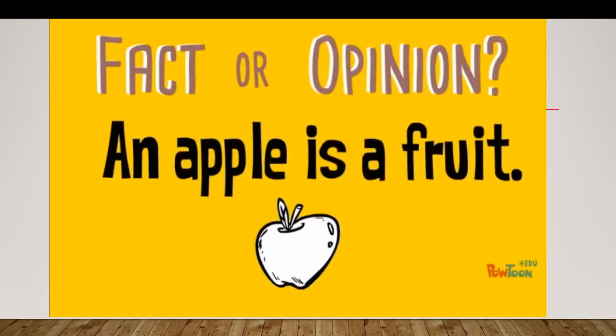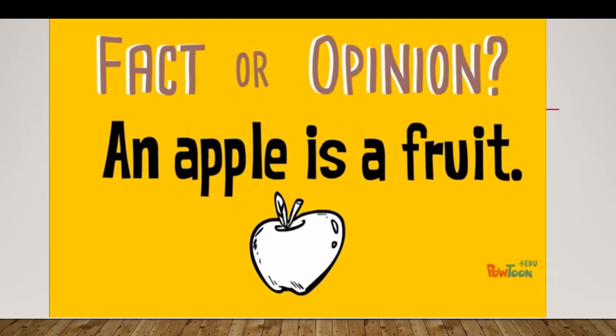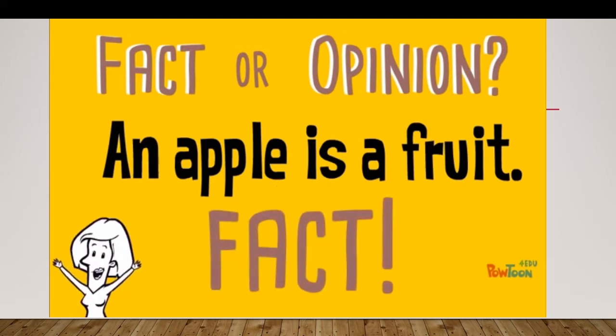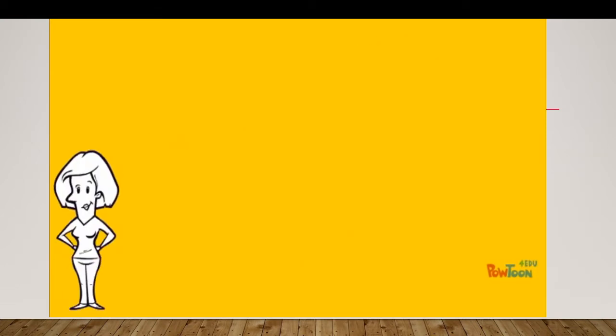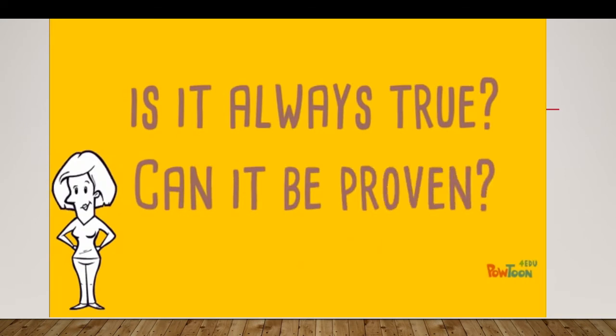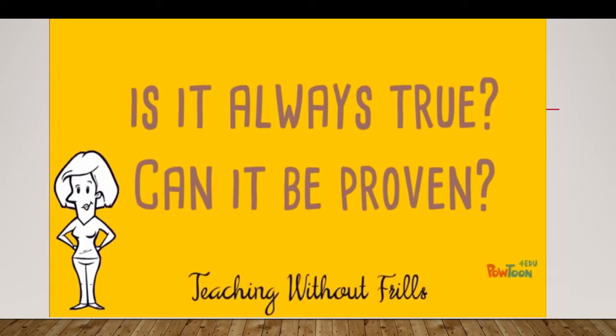Fact or opinion? An apple is a fruit. You're right, it's a fact. An apple is a fruit. That is always true. So remember, if you're trying to figure out whether something is a fact or not, you can ask yourself, is it always true? Can it be proven? And if the answer is yes, then you found a fact.